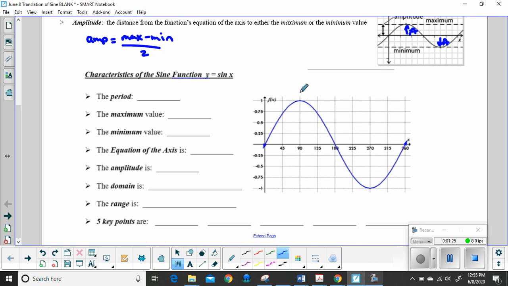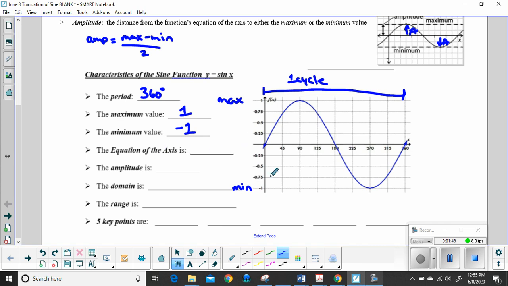In the sine curve, here's a nice lovely sine curve. So the period of the sine curve is defined as 360 degrees. So from start to end for one cycle is 360 degrees. The maximum value is 1. The minimum value is -1, so that's down here.